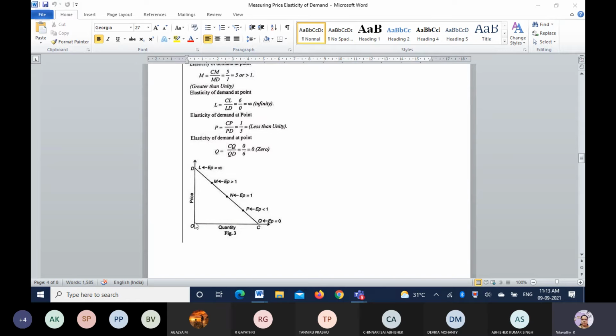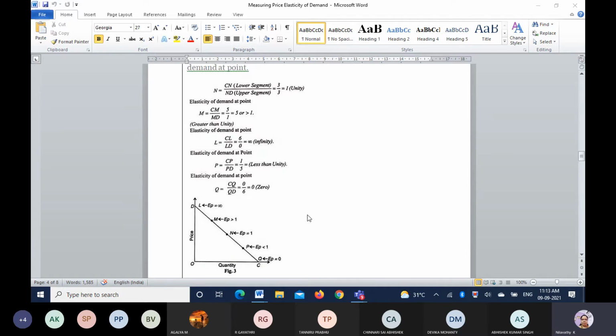Okay. So if it is a 45-degree angle, like if you are having a point there, we call it unit elasticity. And above this 45-degree, if it is going to be here, the elasticity value will be greater than 1, and here it will be less than 1. So elastic, and it is inelastic.